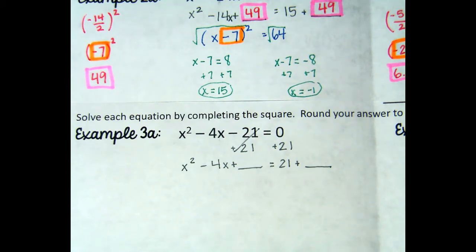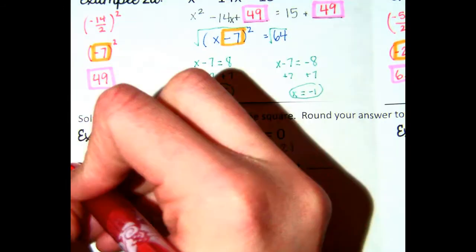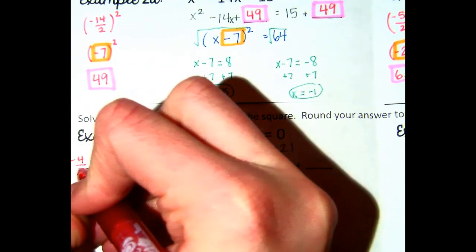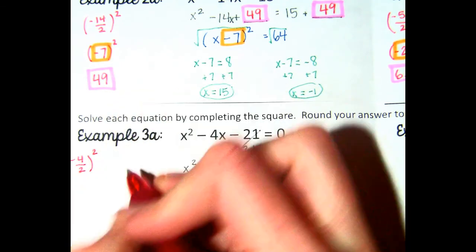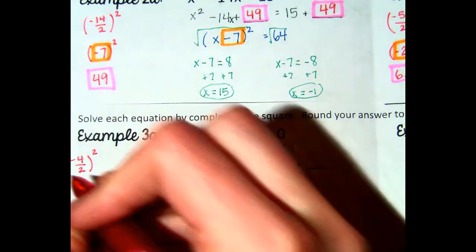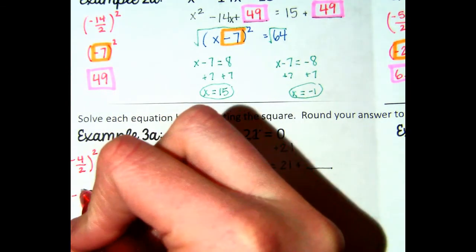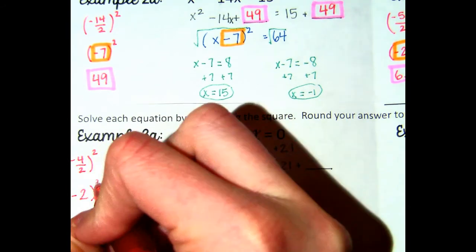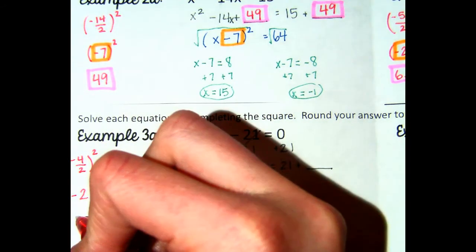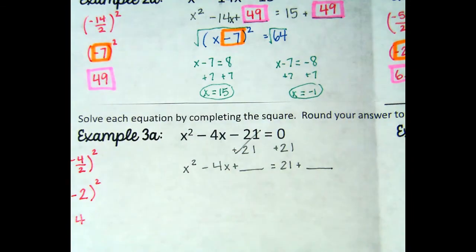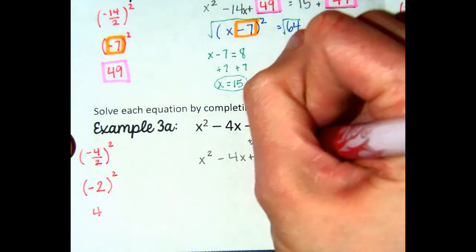Once I've moved over the number, I'm doing exactly what I did before. What am I going to put over here as my side work? Okay, negative 4 divided by 2 squared. What is negative 4 divided by 2? Negative 2 squared. What is negative 2 squared? Where does that number go? In the blanks.